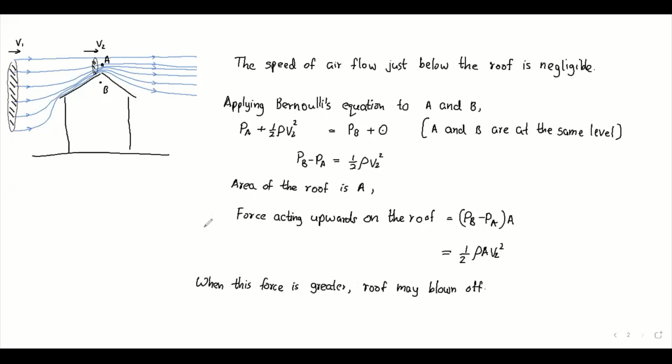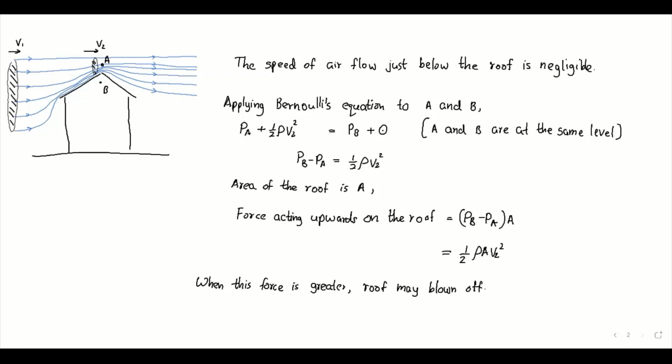Right, so this is what they expect you to do. They expect you to write a full explanation about what happens here. So this is why in Bernoulli's we learn about these examples or the applications of Bernoulli's, right?